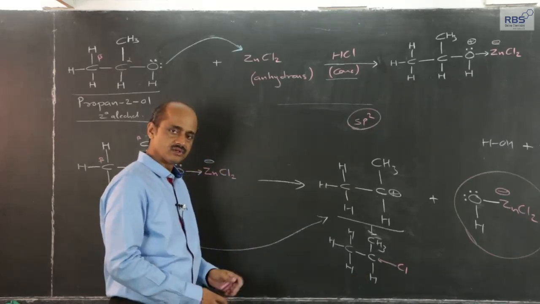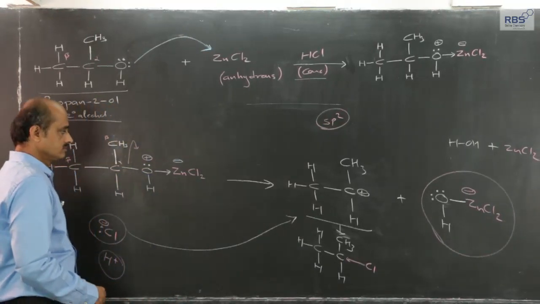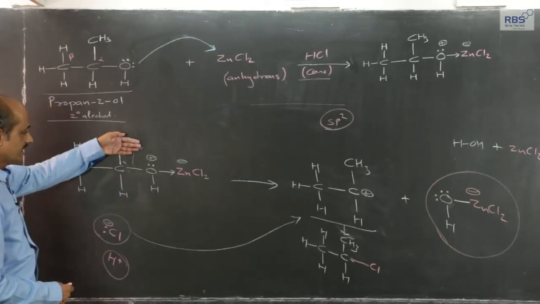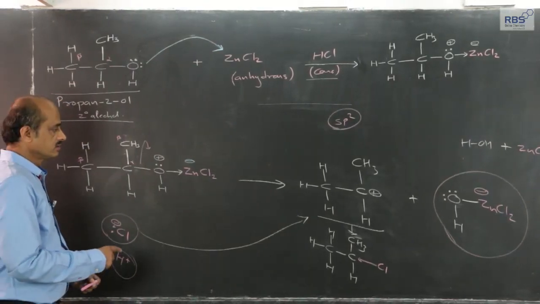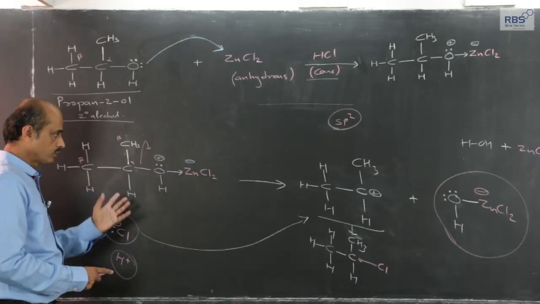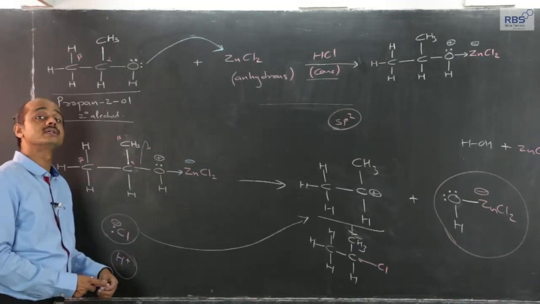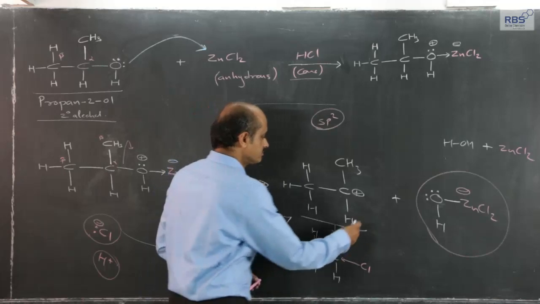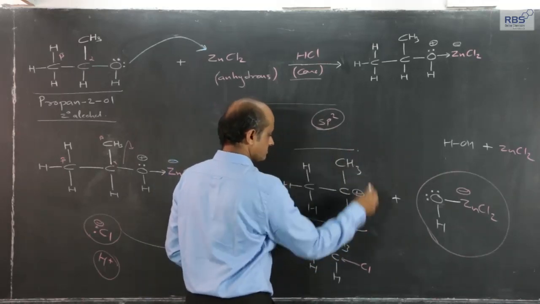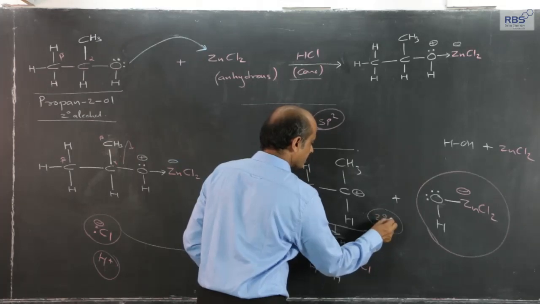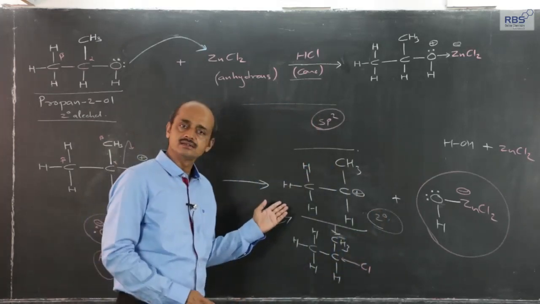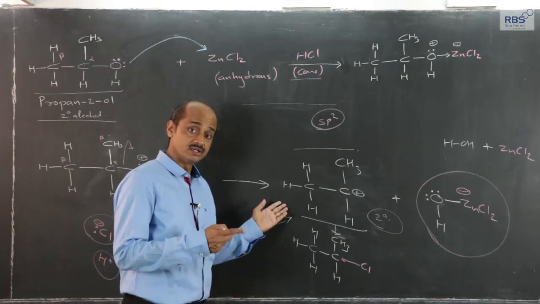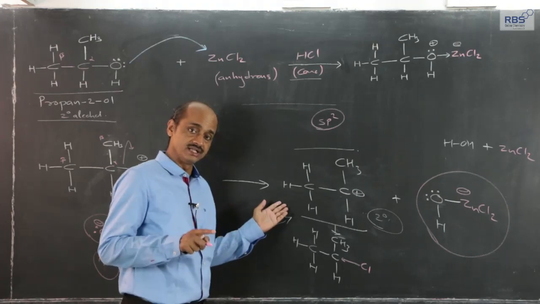Why this difference as compared to the earlier example? The difference is because in the earlier case of ethyl alcohol, this was a hydrogen atom, and if it had reacted in this manner, it would give rise to a primary carbonium ion. Here, the carbonium ion we are observing is a secondary carbonium ion, and as we covered in hyperconjugation, tertiary carbonium ion stability is more than secondary, than primary.